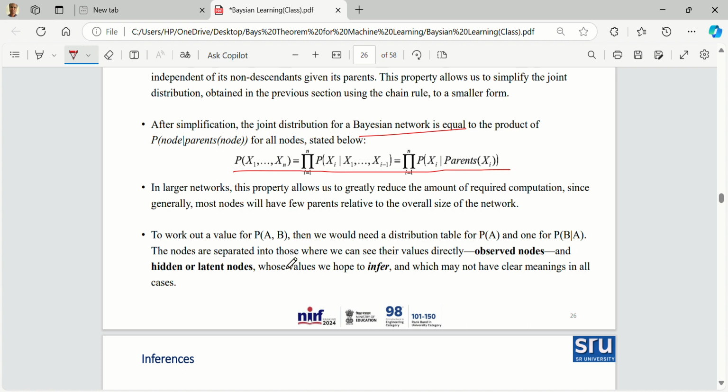To work out a value for the probability of A, B, we would need a distribution table of P(A), and one for the probability of B given A. The nodes are separated into those where we can see their values directly, called observed nodes, and hidden or latent nodes, whose values we have to infer and which do not have a clear meaning in all cases. So some are observed values and some are hidden or latent nodes.